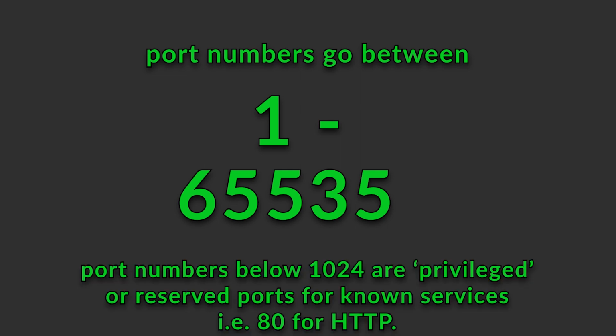The first 1,024 ports are known as what's called privileged ports. These ports are pretty much all allocated to more famous services such as port 80 and 443 for the web, 25 for email, and so forth. So these are reserved. They cannot be bound to a socket set to listen, that is, unless you are the administrative user or root of the server.